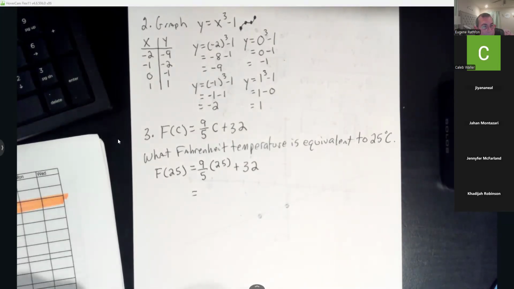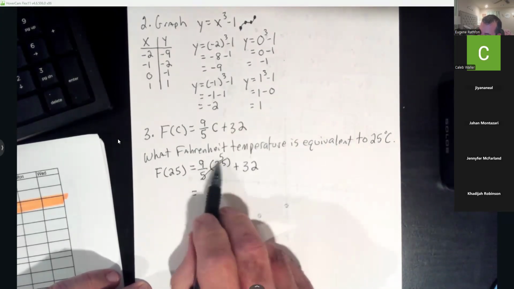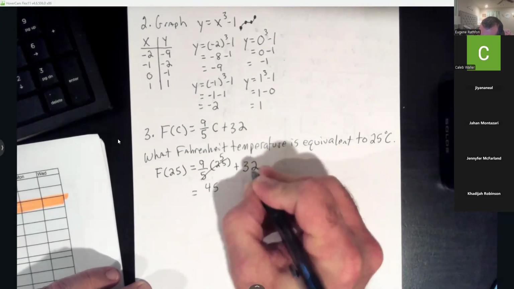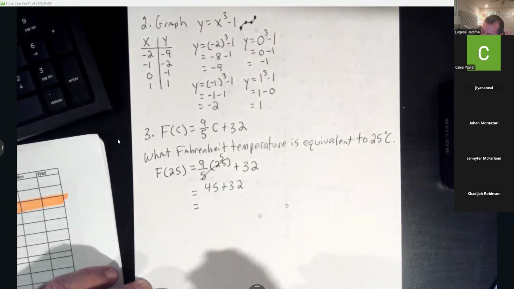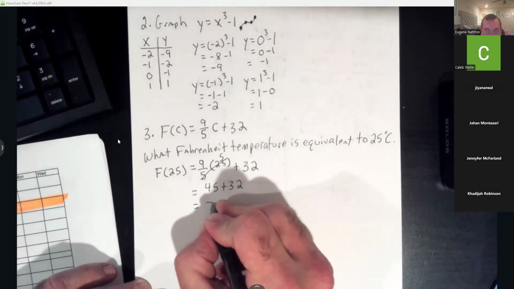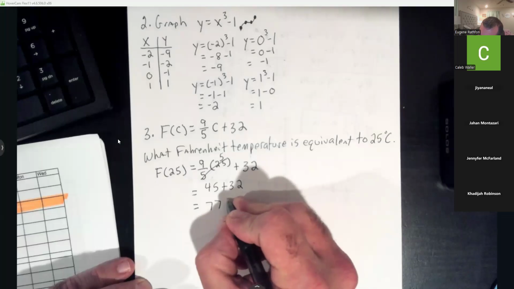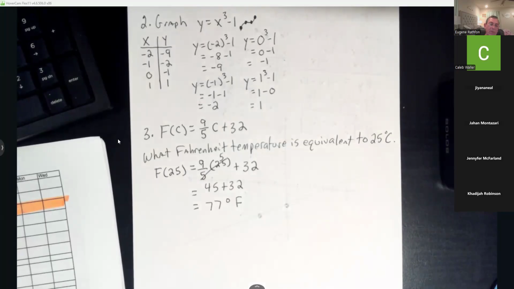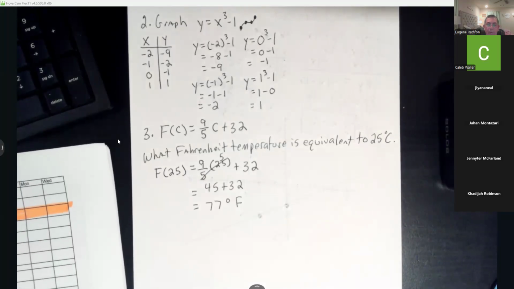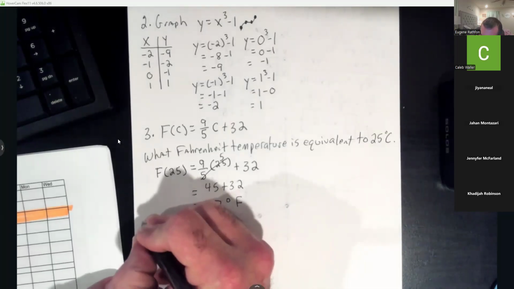So y'all, let's see if we get 77 there. So I'm going to cancel that, making that a 5. 9 times 5 is 45, plus 32. Oh, look at that. You got that right, because 45 and 32 give me 77. So that'll be 77 degrees Fahrenheit. And that one's multiple choice, so you'll find A, B, C, D should have your number you get, okay?